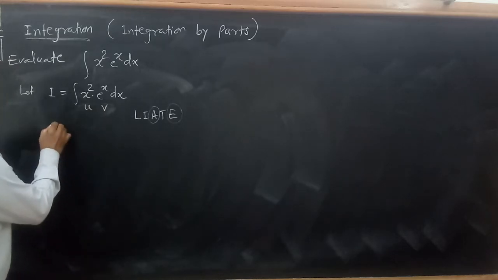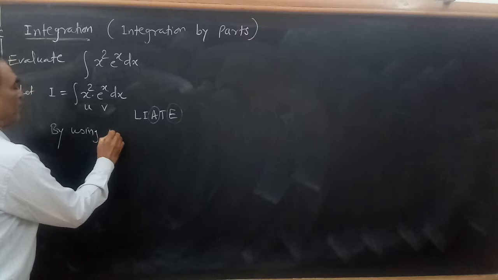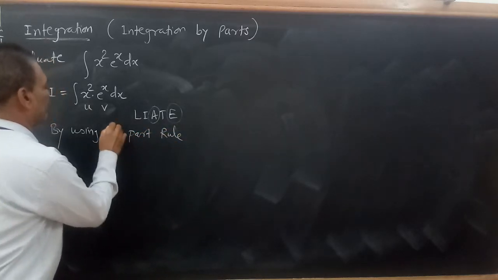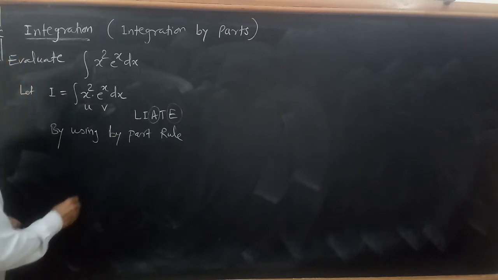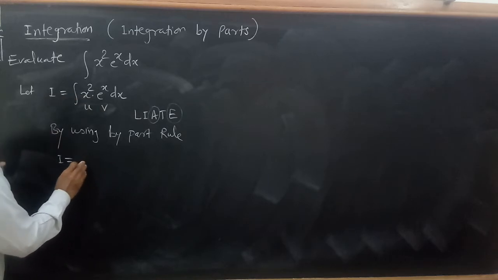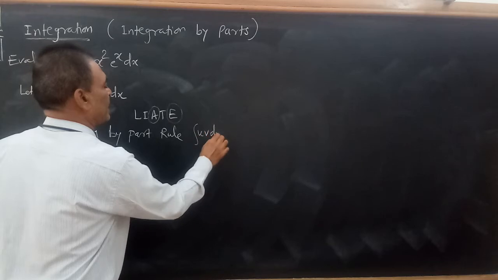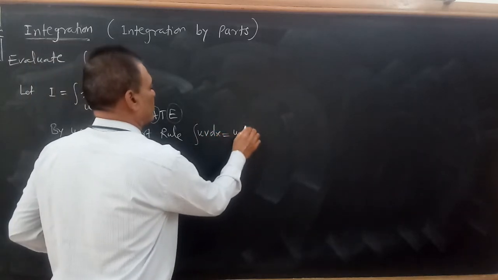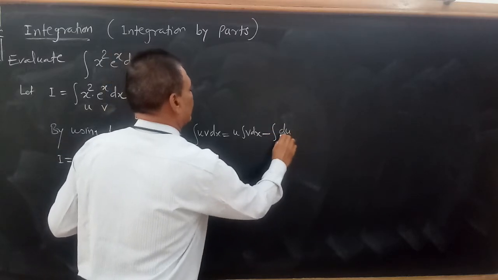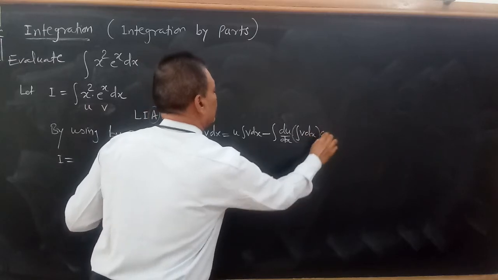Okay, by using integration by part rule, I is equal to first function, and the rule is like this: integration of u v dx is equal to u integration of v dx minus integration of derivative of u into integration of v dx into dx.